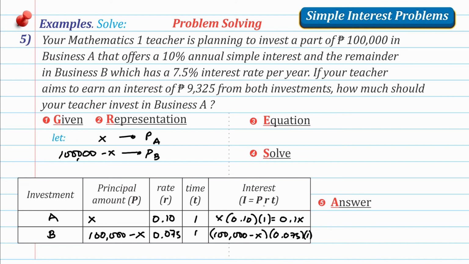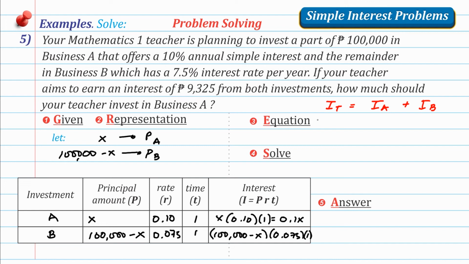Now, we'll simplify that in a while. We know that the equation is I total. The total kita is kita galing kay A plus kita galing kay B. Now, do we know the total kita? Yes, of course. It's 9,325. It's the interest for both.